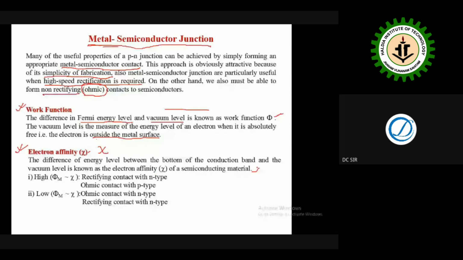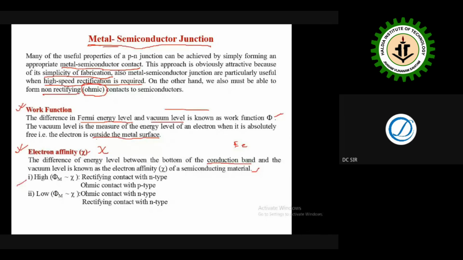The bottom of the conduction band, that means the EC energy level, to the vacuum level, is denoted by chi, which is called electron affinity.